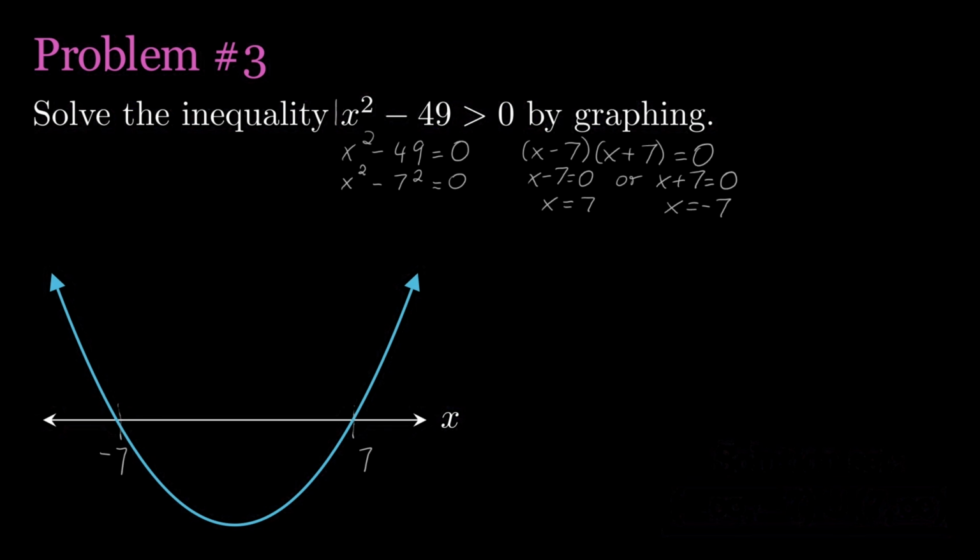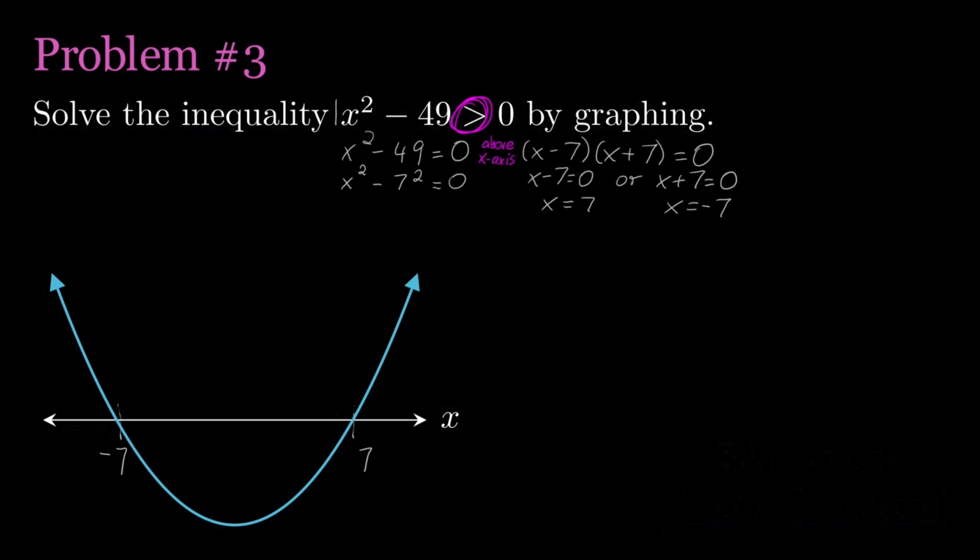Now we check with the sign of the inequality which part of the parabola we're looking for. Since it says greater than 0, it must be strictly above the x-axis. Since it's a sharp inequality, the parabola should be strictly above the x-axis.